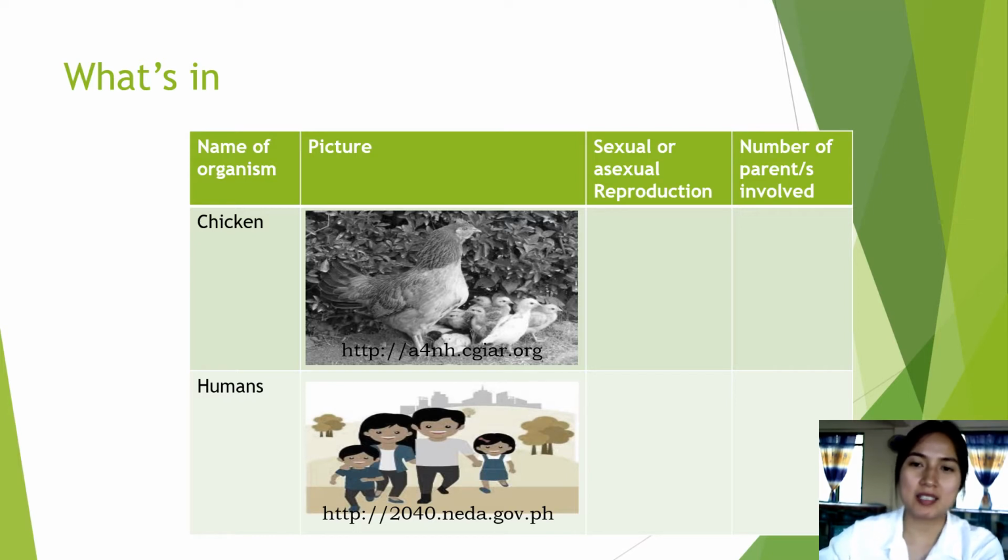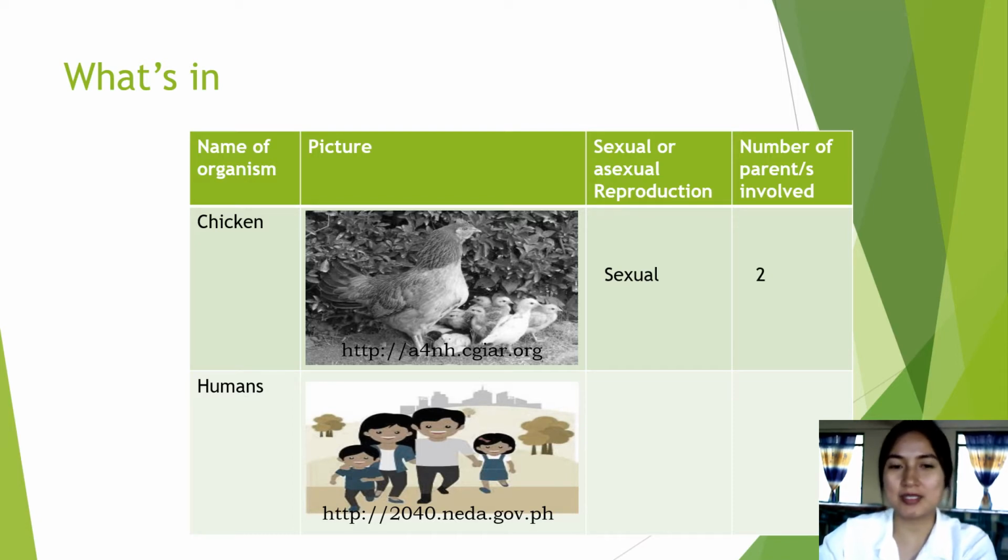The correct answer is sexual reproduction and 2 parents involved. Very good. Last one, humans. What do you think? Obviously, it's sexual reproduction and 2 parents involved. Of course, you have your mother and father.